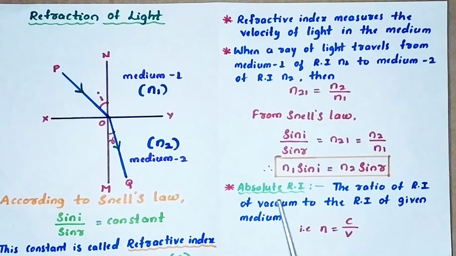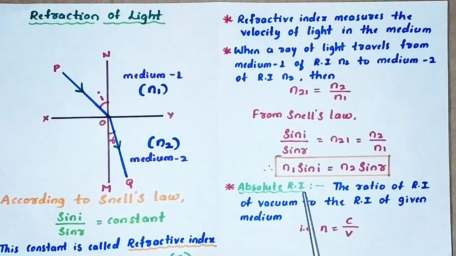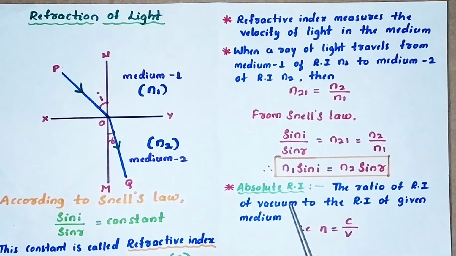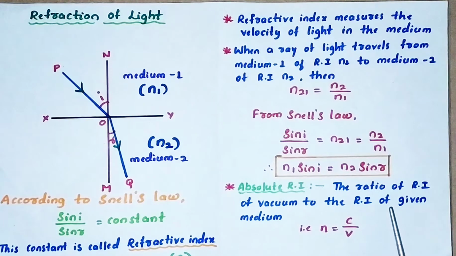Now absolute refractive index. What does it mean? It is the ratio of refractive index of vacuum to the refractive index of given medium. It means they are going to consider speed of light in vacuum with respect to speed of light in any given medium. So why do we have to consider speed of light in vacuum? Because speed of light is constant in vacuum, and that is 3 into 10 raised to 8 meter per second.